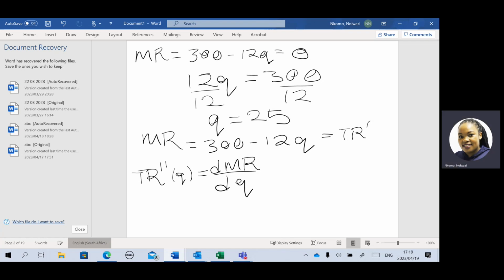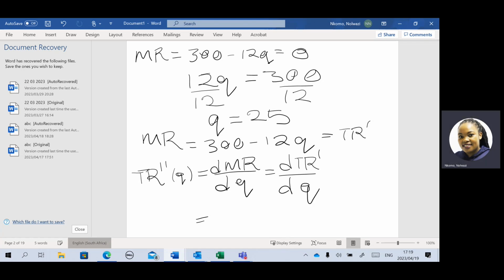And we know that the marginal revenue is equal to the first derivative of the total revenue. So we are differentiating the first derivative of the total revenue with respect to Q.